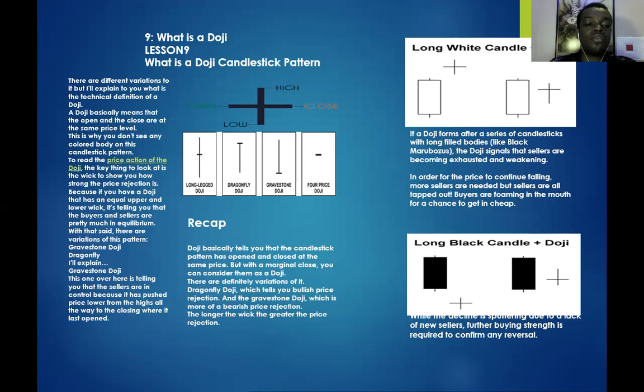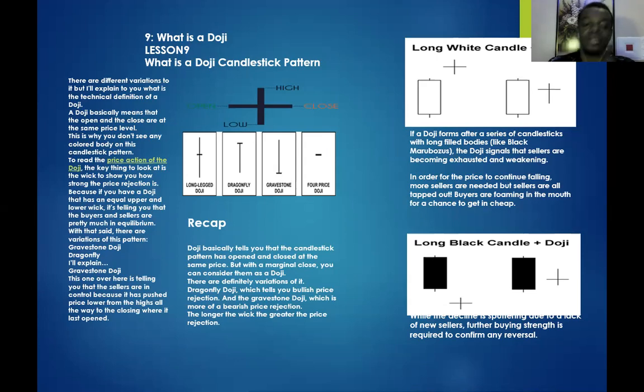I explained the gravestone doji. This one over here is telling you that the sellers are in control. This is the gravestone doji, and it mostly appears at the top of a trend, in a buying market, when the market wants to end and sellers want to take over.